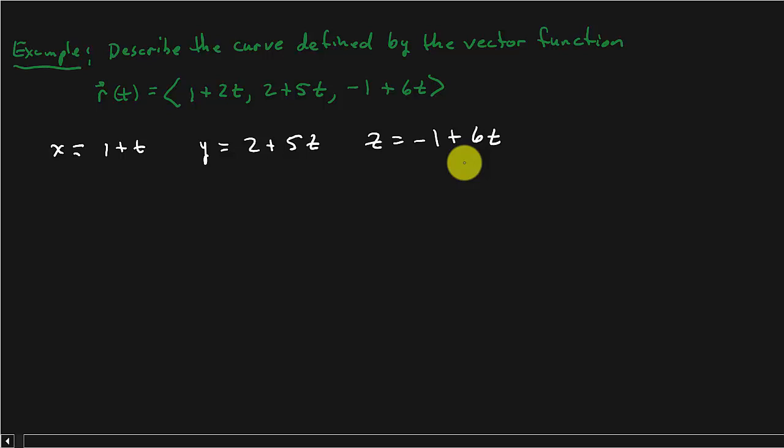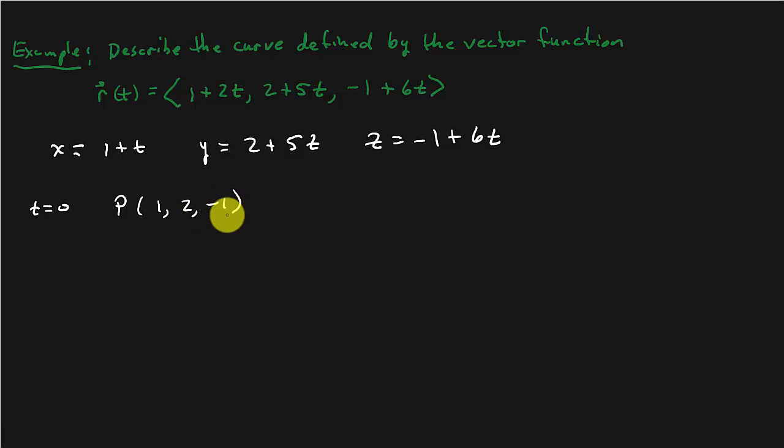That's all this is, a line. And do you remember at t equals 0, what's a point on this line? A point on the line, remember, is 1, 2, negative 1.